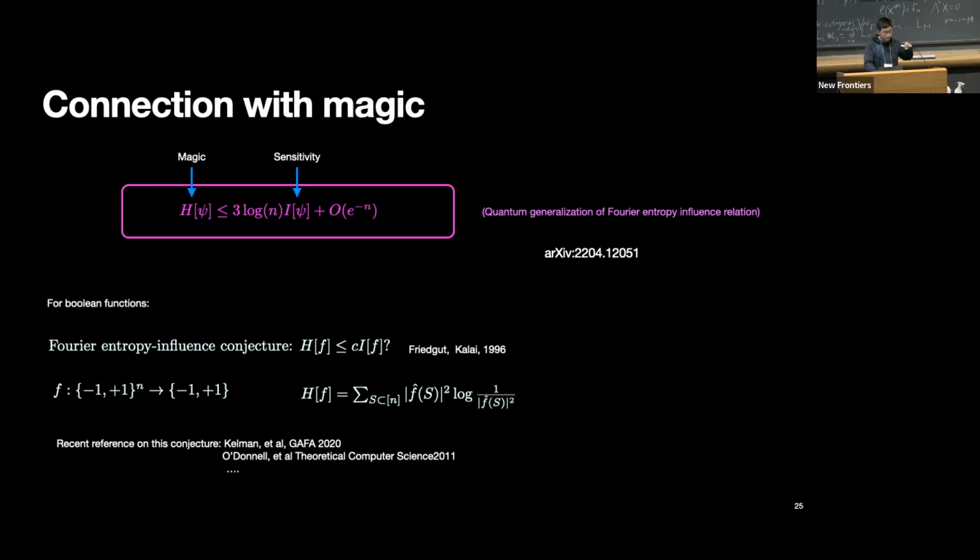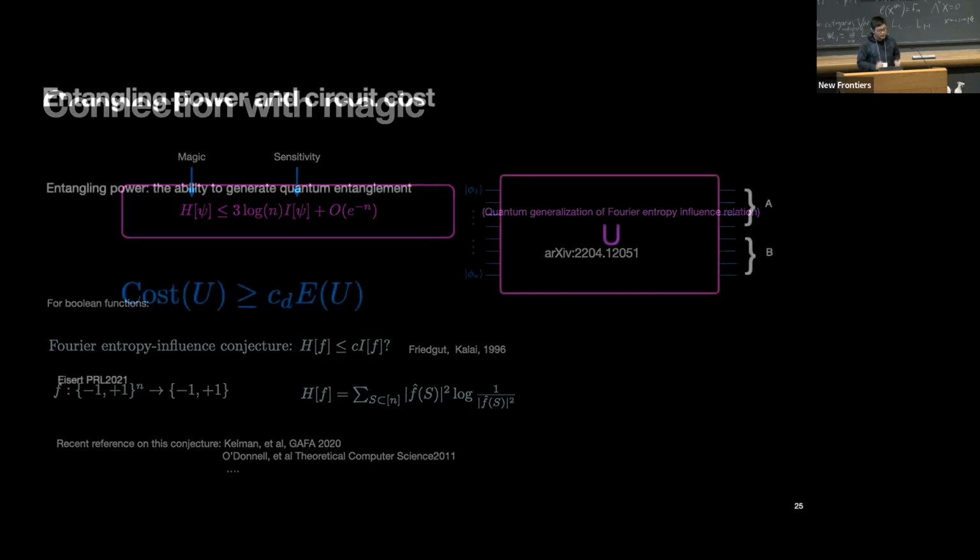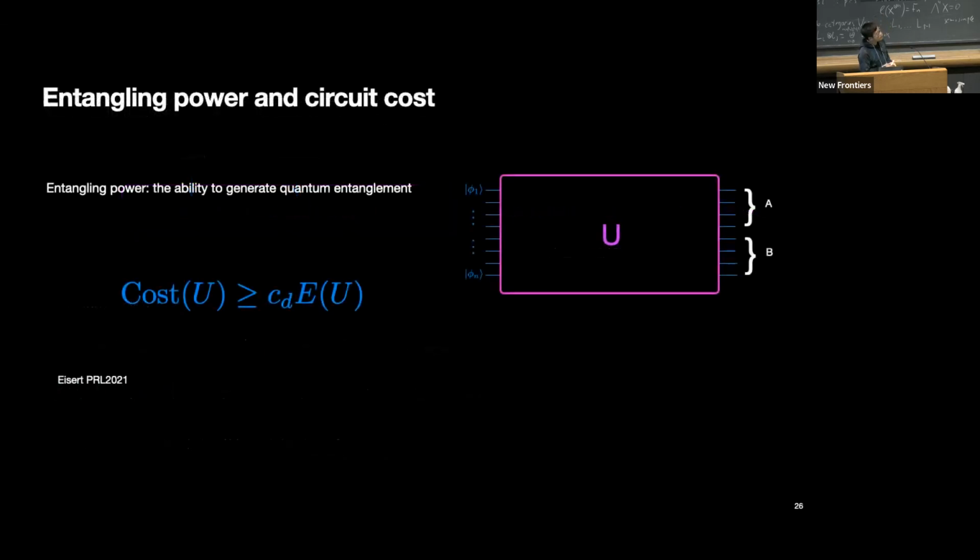Before answering these questions, let us take a look at other people's work on the connection between circuit cost and the entangling power. Entangling power is just defined as the ability of a quantum circuit or unitary to generate entanglement. So for a quantum circuit, the input state could be a separable state or product state, but the output state will still have entanglement.